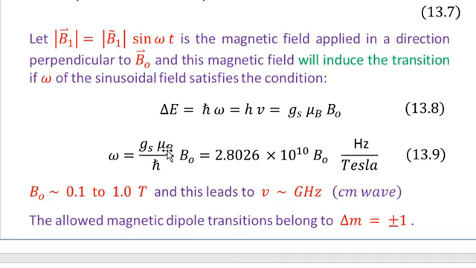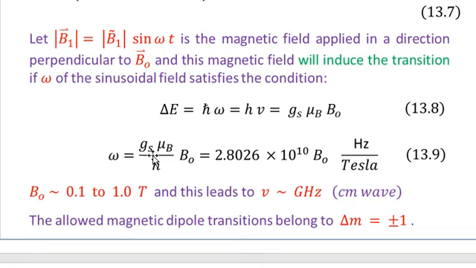This condition is met by changing the angular frequency of the sinusoidal magnetic field B1. So when omega is equal to Gs times μB over h bar into B naught, this condition is called the resonance condition.